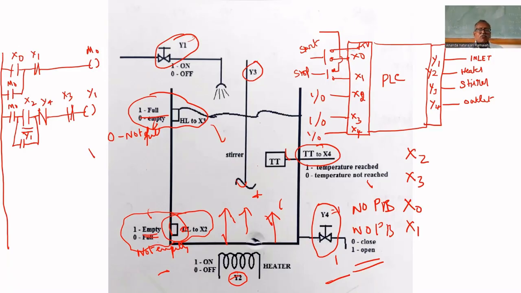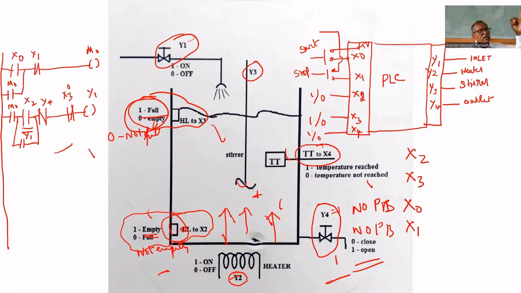Once the tank becomes full, X3 becomes 1. Till now X3 is 0. When the tank is full, it gives 1, which means this becomes 0. That's why the inlet valve will be automatically closed.